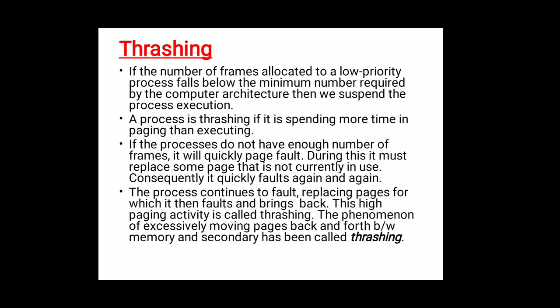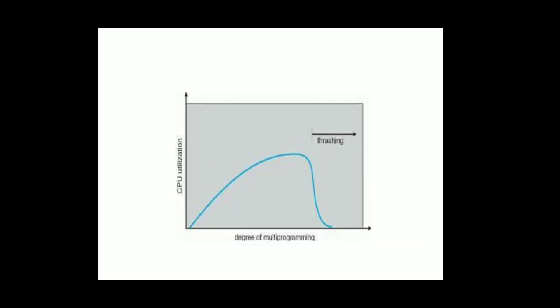The operating system then thinks the degree of multi-programming should be increased, which means it should bring more programs into memory, and in turn another process will be added to the system.